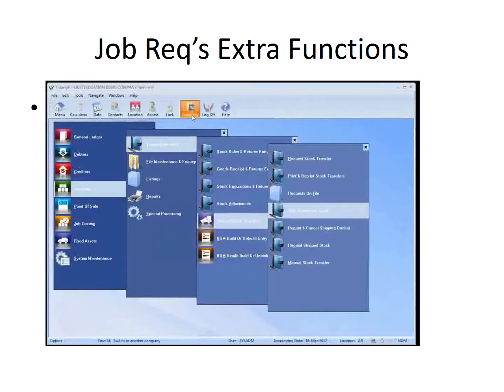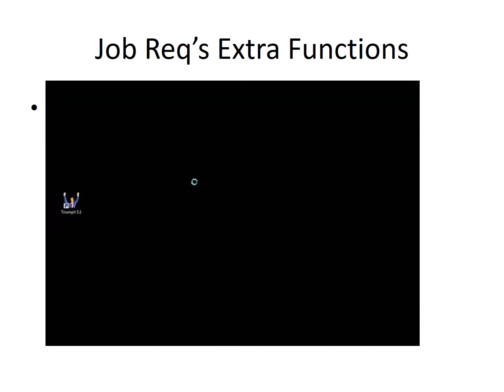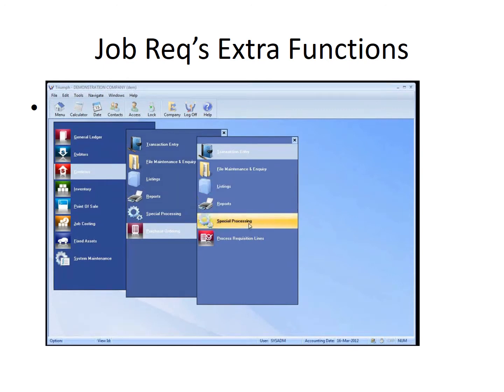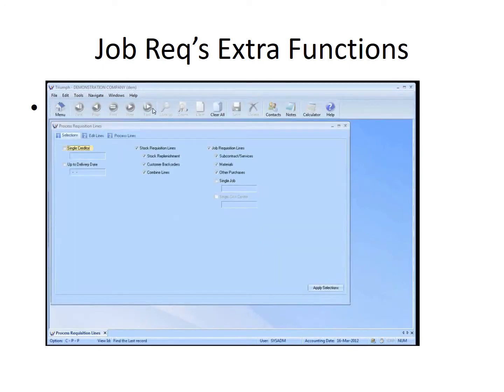So I'm not going to swap companies temporarily so we can see this. Once I've got this going with process requisitions, I can choose to do it for a single creditor up to a certain delivery date. I can do stock replenishment coming from my minimaxes or my sales statistics report.